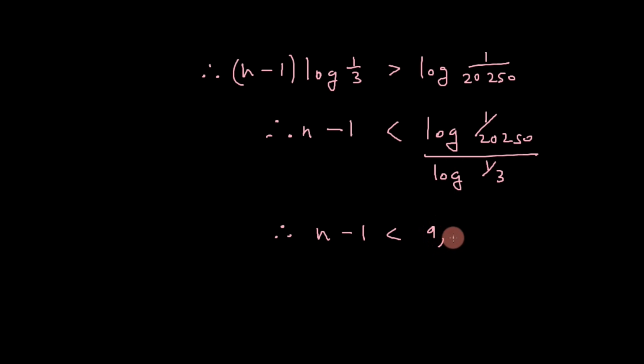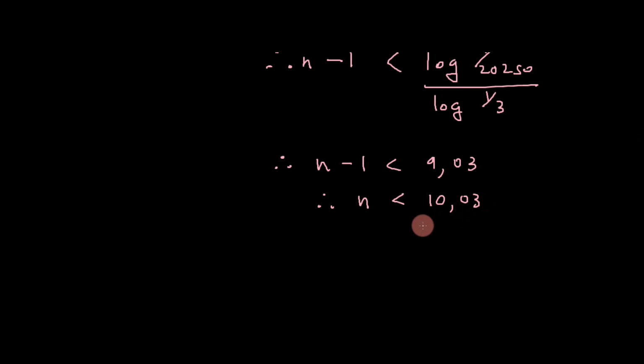So 9,03. And solving for n will be less than 10,03. N, of course, is the number of terms. It must be a natural number. So the number closest to 10,03, but less than it, that is natural, is of course 10. So n will equal 10.